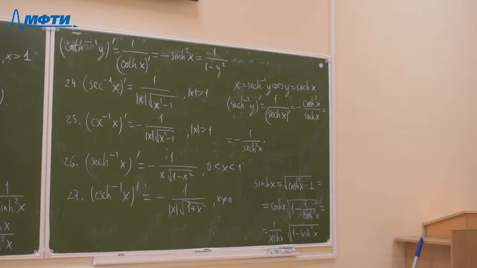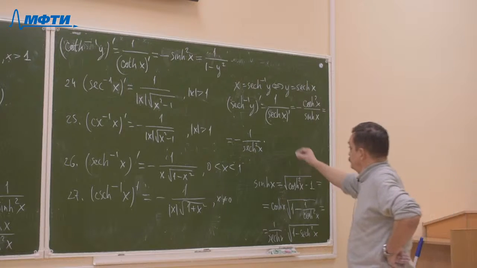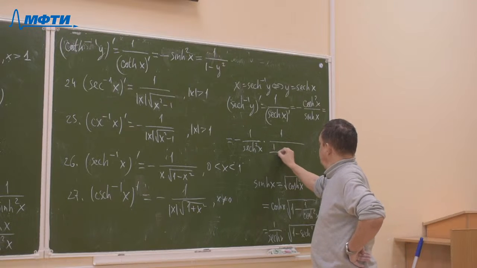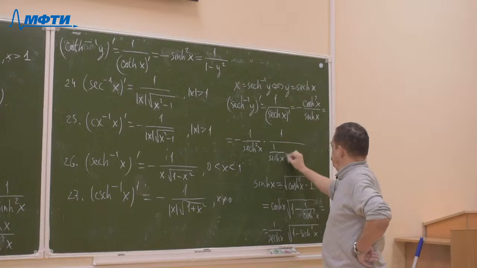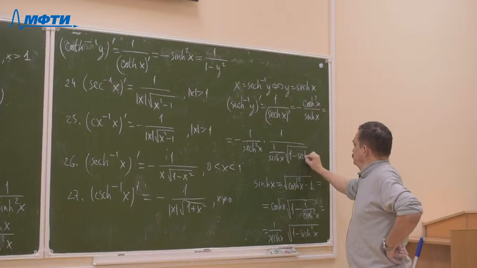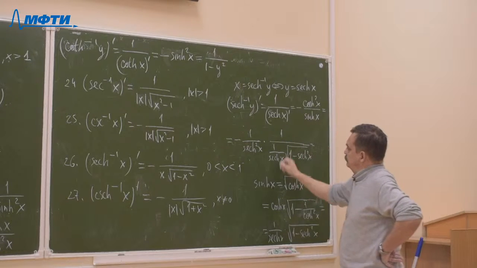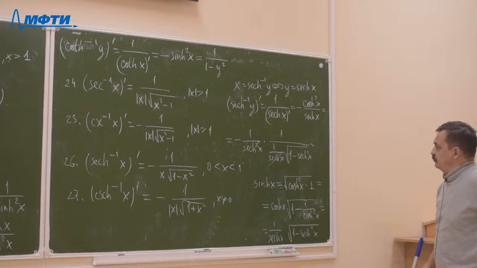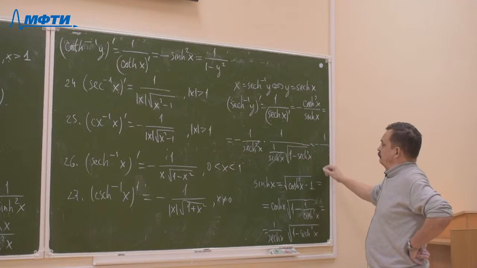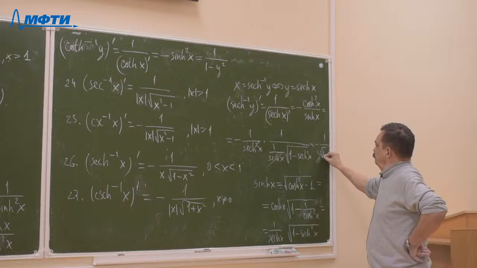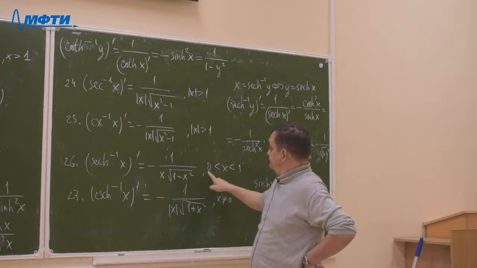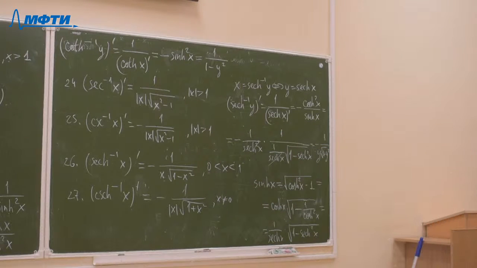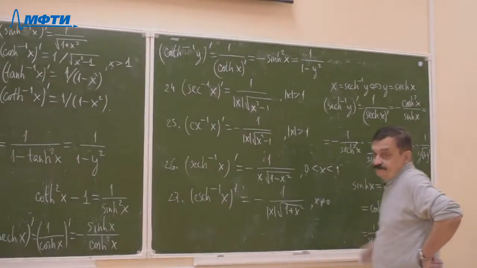So that is the representation for sine hyperbolic: secant hyperbolic x square root of 1 minus secant hyperbolic squared x. We cancel it, and finally we obtain minus 1 over y square root of 1 minus y squared, for y positive, right? That is how we can check one of them, right?